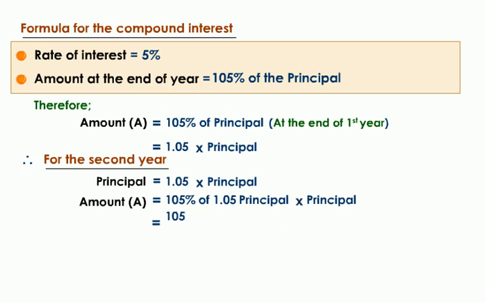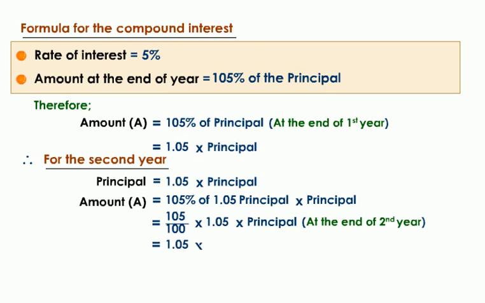That gives us 1.05 into 1.05 into principal, or 1.05 whole square into principal. Similarly, at the end of third year, the amount is equal to 1.05 whole cube into principal.